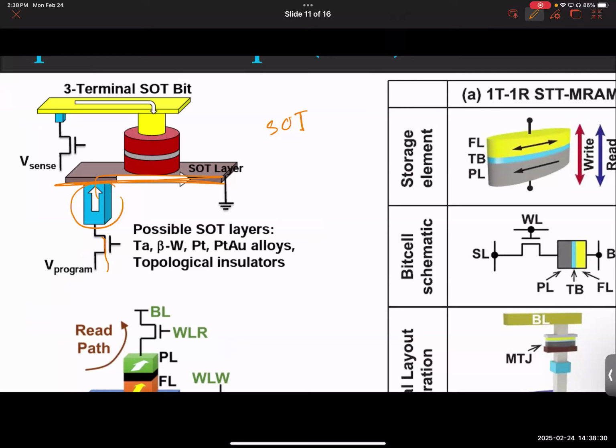Spin orbit coupling is the reason why when current flows through heavy metal, they separate into multiple spins. So you flow current through it, and then you flip this MTJ with this current. And when you read, you use the sense, whatever. They use different terminologies: sense and program instead of read and write. Am I making sense? But it's all the same.